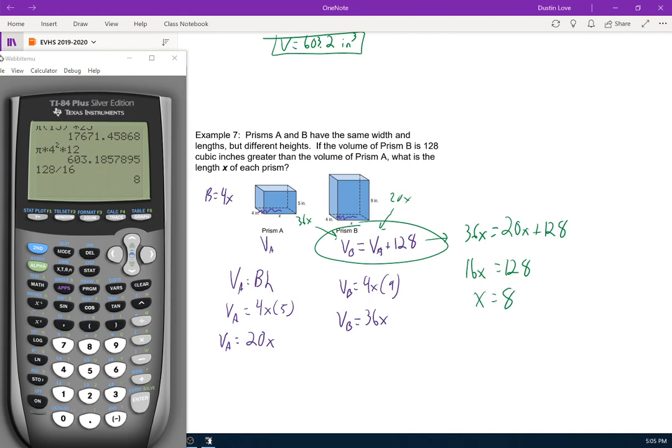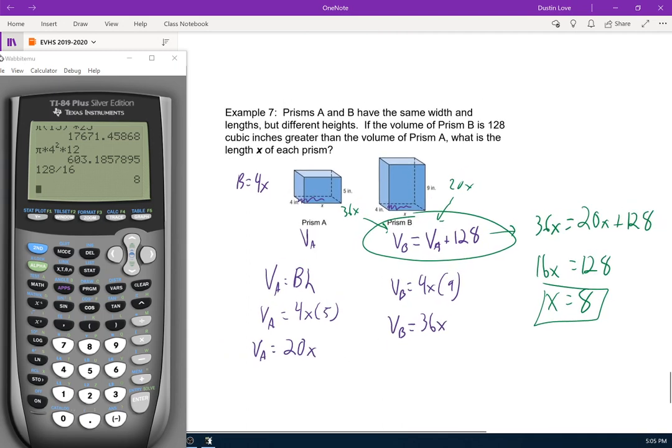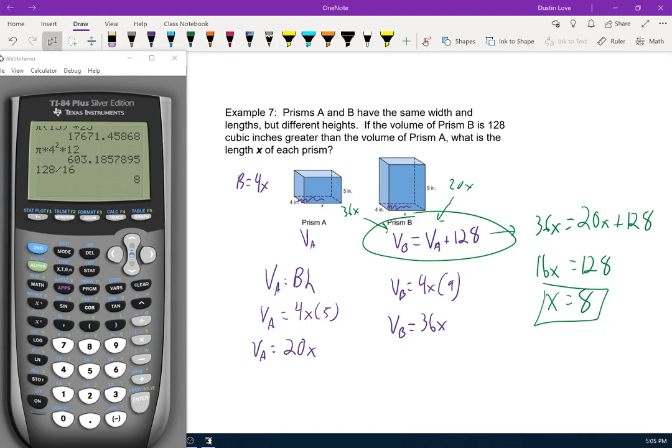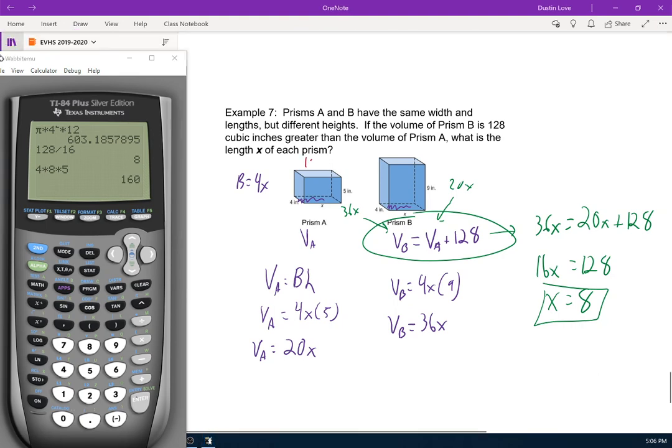So what is the length X of each prism? Well, sure enough, we've got X is 8. Now, on a problem like this where I did a lot of fooling around, I want to go ahead and double check that. Let's calculate the volume of each prism. The left-hand one is 4 times X, which is 8, times 5, which gives me 160 inches cubed.